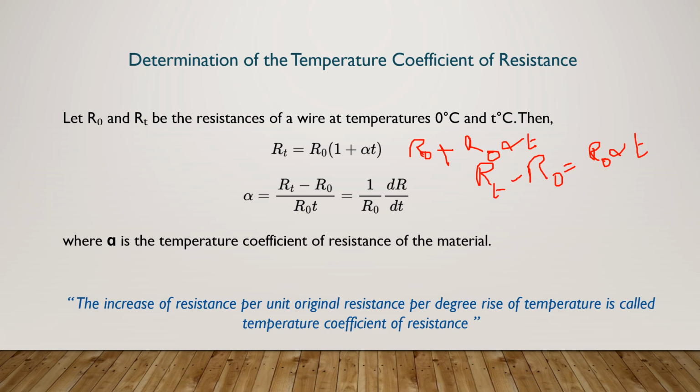Therefore, it is represented by dR, and this T is dT, where alpha is the temperature coefficient of the resistance of the material.